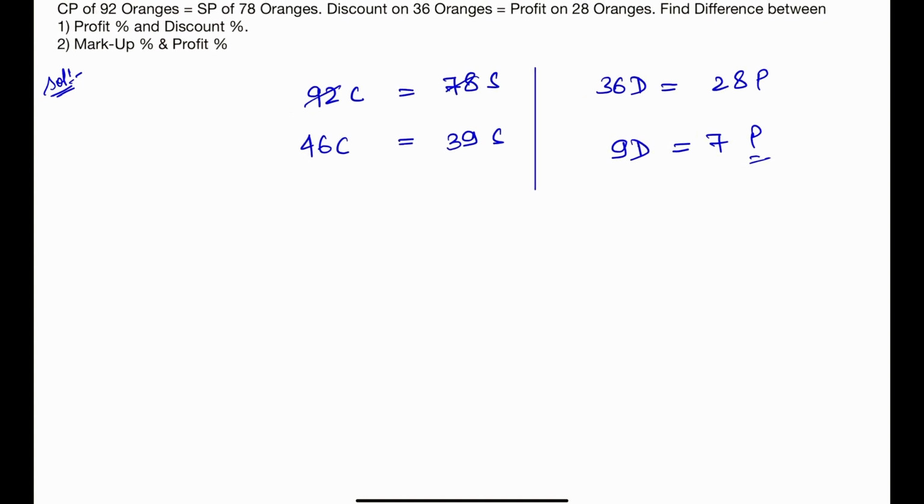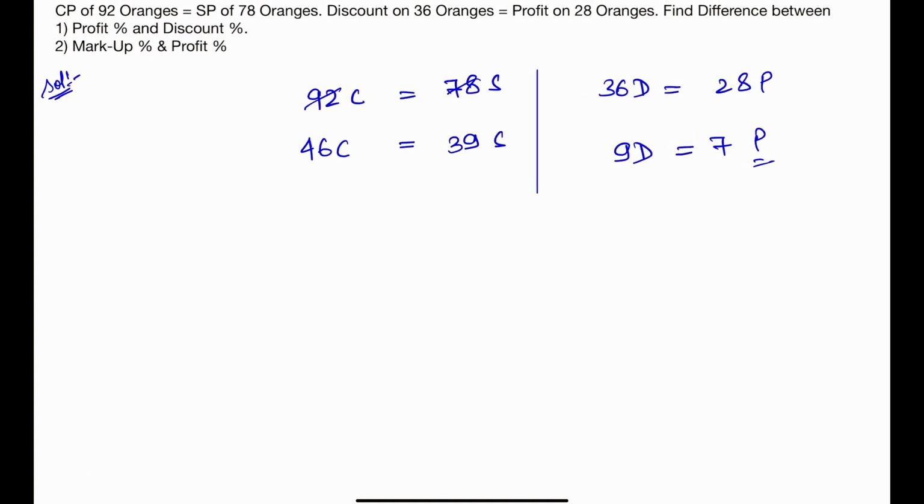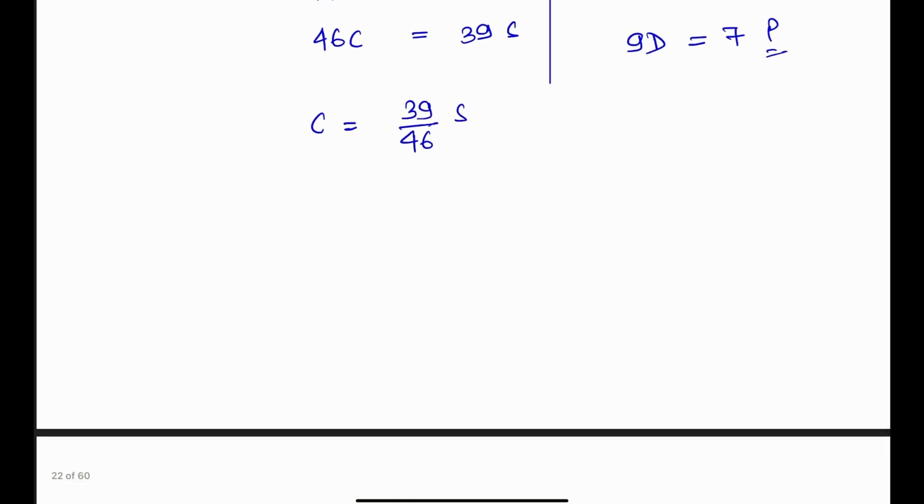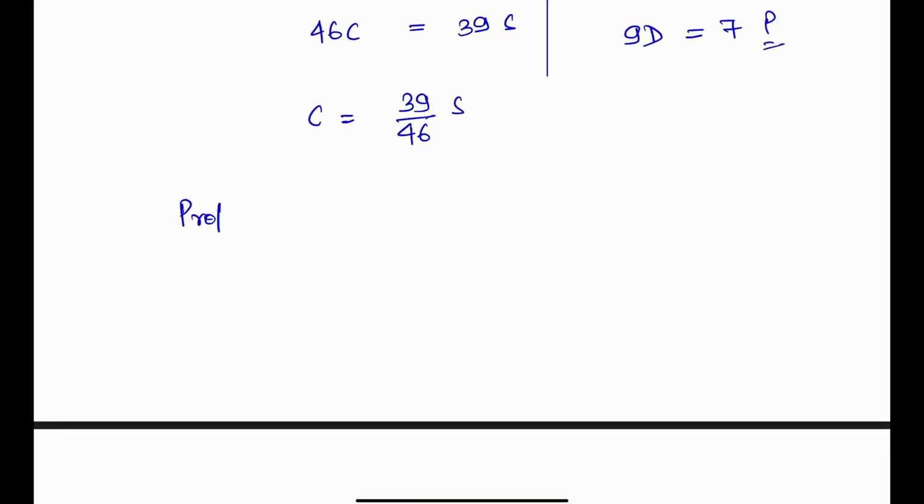What I can say is, in this case, my cost price is 39 upon 46 S. So my cost price is less and my selling price is high, so my profit percentage is going to be, my cost is this one and selling price is this one.